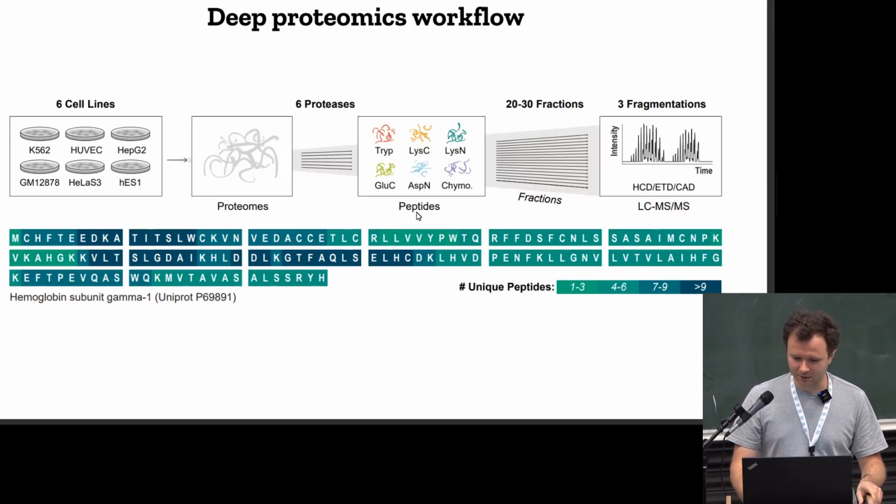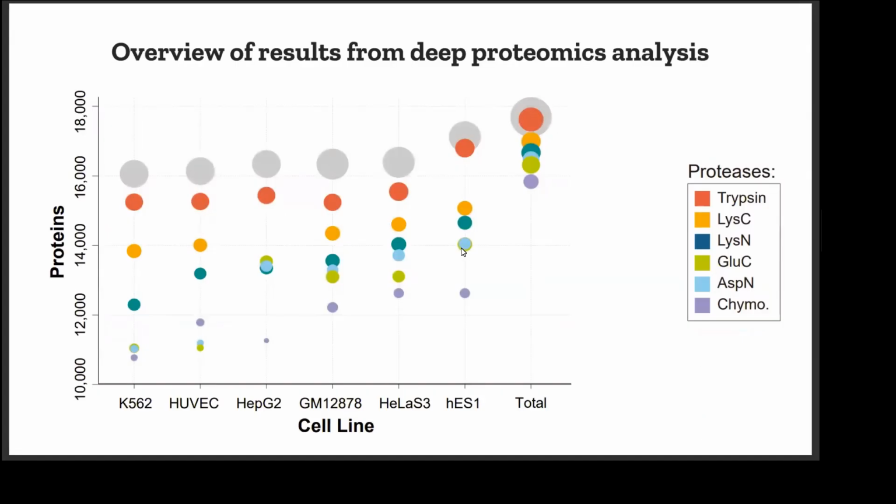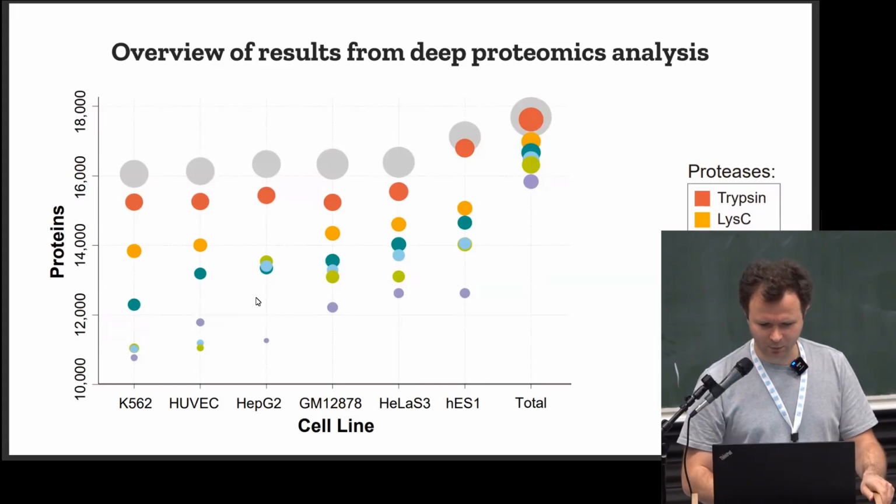But what we did with this data, first of all, we made some observations. If you analyze all this data separately for each protease, you see that indeed trypsin is the winner. It generates peptides super suitable for proteomics, which were well detected. But all the rest, probably except chymotrypsin, performed really well.